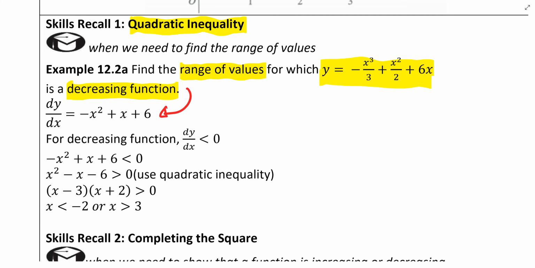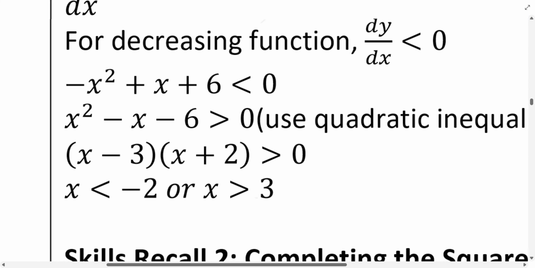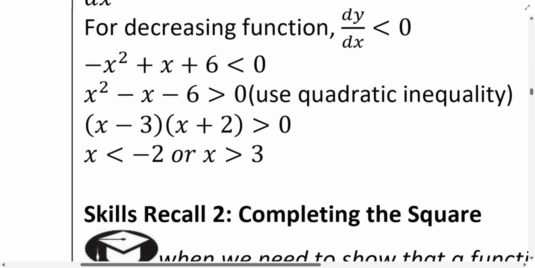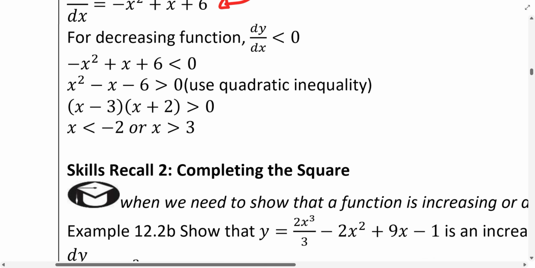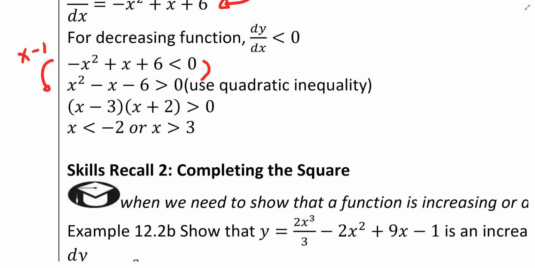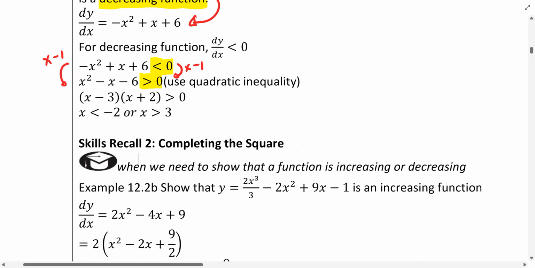So when you get a decreasing function, that is less than 0, and now this is a quadratic inequality. Mr. Ivan always says that when you do quadratic inequality, make sure your x squared is positive. So I multiply by -1 on this side, and I multiply by -1 on this side. When I multiply by -1 on both sides, my inequality sign must change. After that, I factorize and I get the roots.